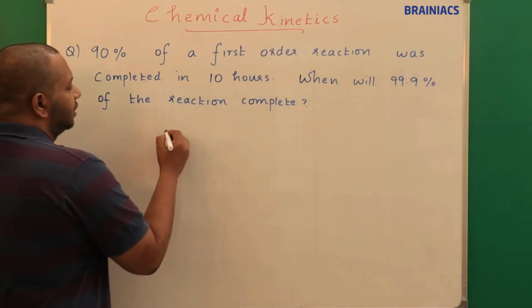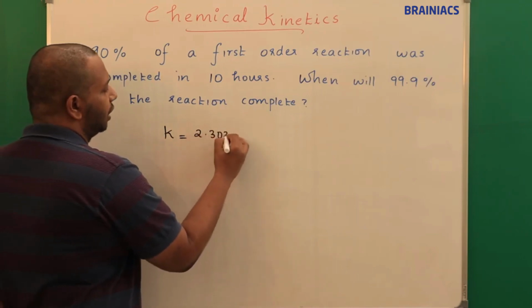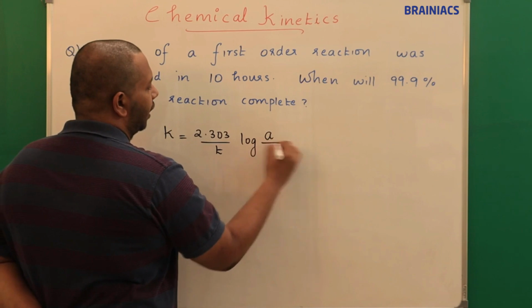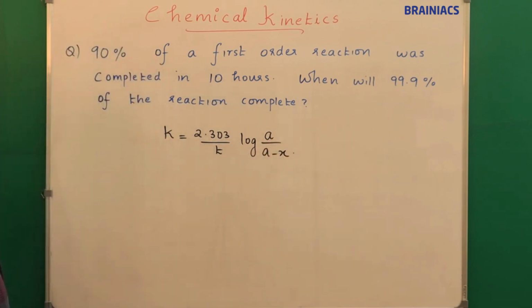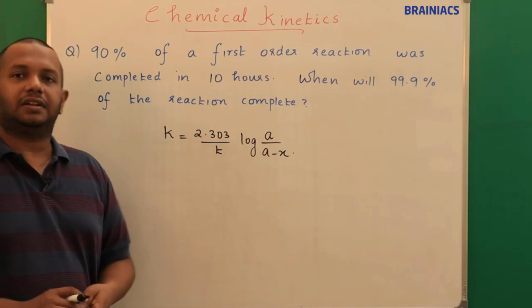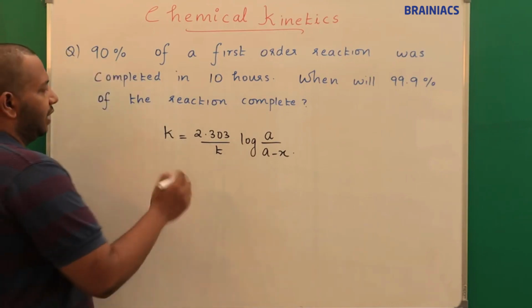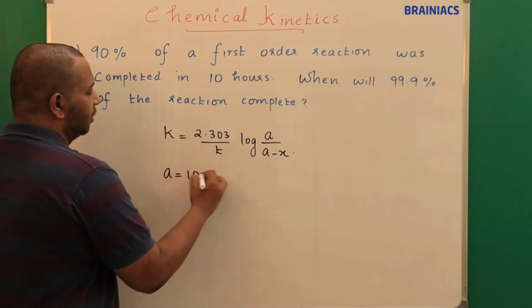So we know that for a first order reaction, k is equal to 2.303 by t log a by a minus x, correct? Now they are telling 90% of the first order reaction was completed. What does that mean actually? I can say a, that is the initial concentration, was 100.